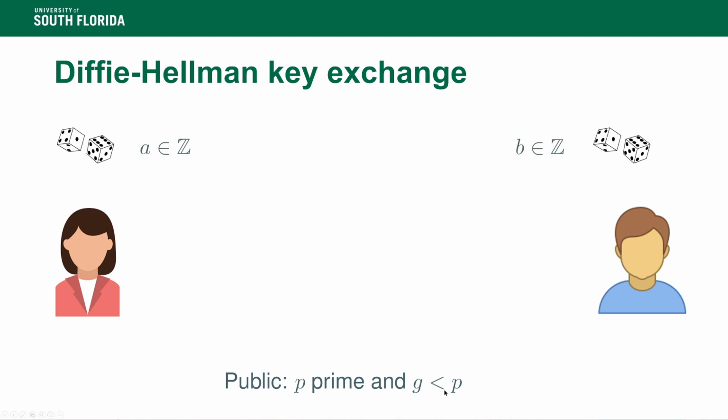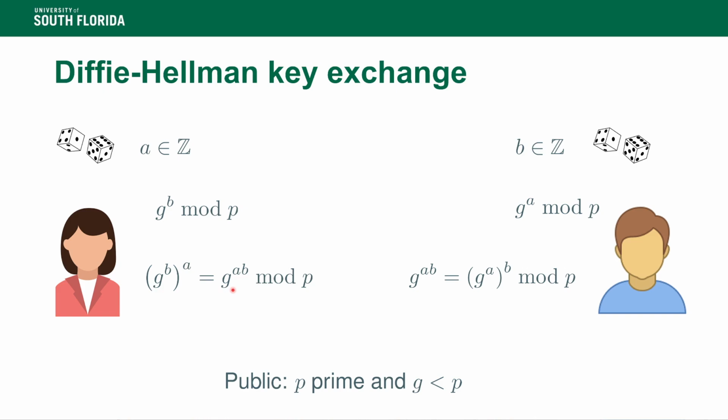Alice and Bob draw numbers a and b respectively. Alice produces g to the a mod p, Bob produces g to the b mod p, and then they exchange those values. Now, each of them can recover g to the ab mod p, which is the shared secret session key.